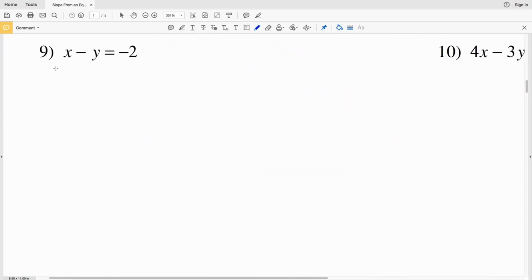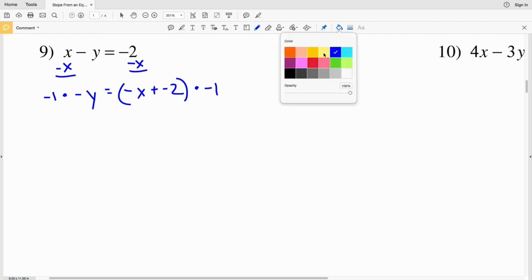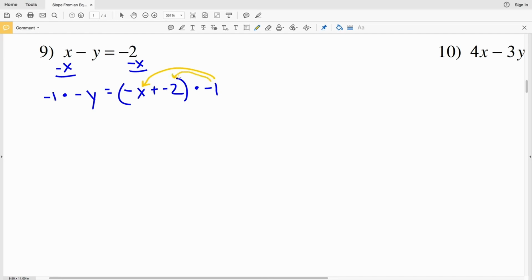In number 9, we're going to subtract x from both sides to get that negative y is equal to negative x plus negative 2. Now this y has a coefficient of negative 1, and we want the coefficient to be a positive 1. So in order to do that, or get rid of the negative, we're going to multiply both sides by negative 1. When we multiply the right side by negative 1, we're going to need to distribute that to the x and to the negative 2.